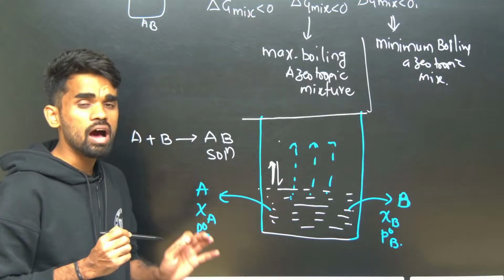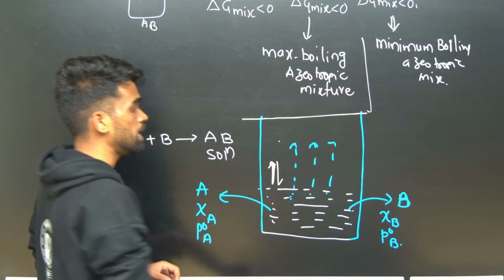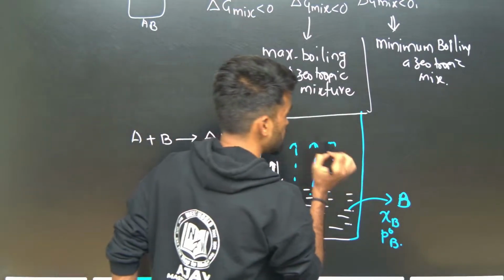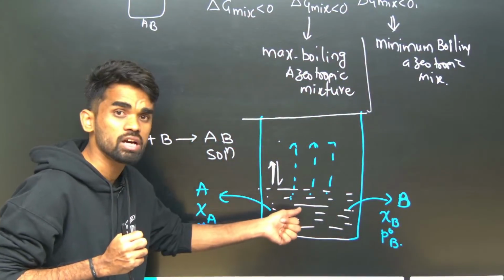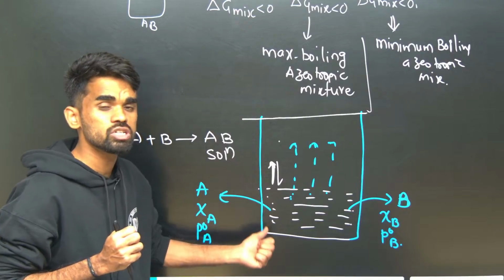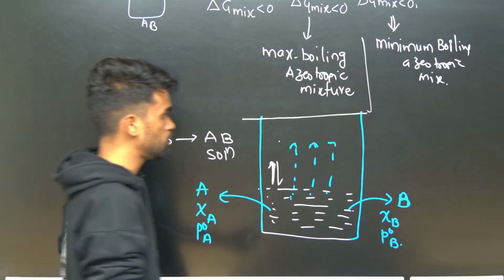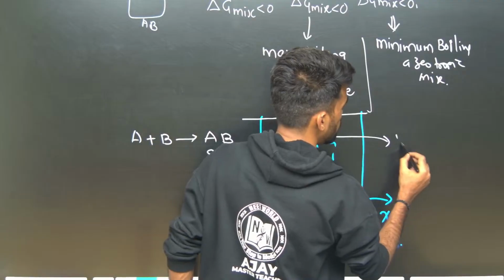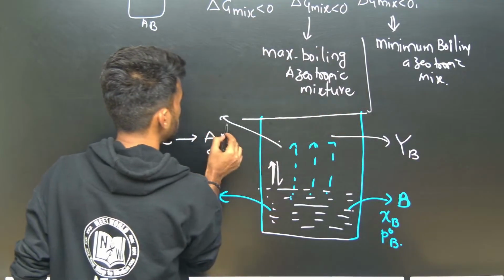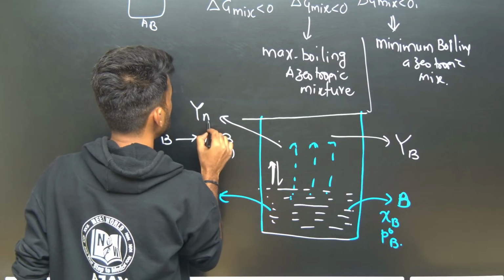Now they will ask us, how can you calculate what is a vapor phase composition? Here mole fractions are indicated for the composition of AB. XA, XB are indicating the composition of A and B in the liquid state. Similar to that, I will be writing YA and YB for the composition of A and B in the gaseous phase.